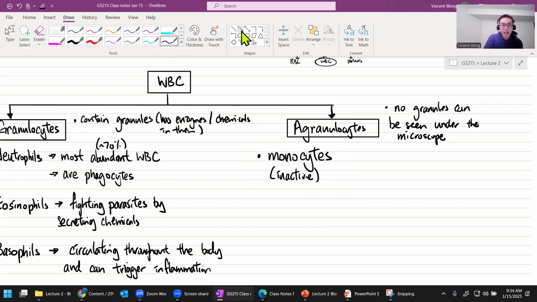But once they are trained up, then they could become the macrophage. Macrophages are like the seasoned killers, if you would. They're the seasoned police, and they are able to fight off the infection. So this is active. This is what we call differentiation.